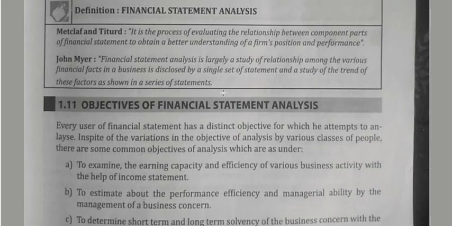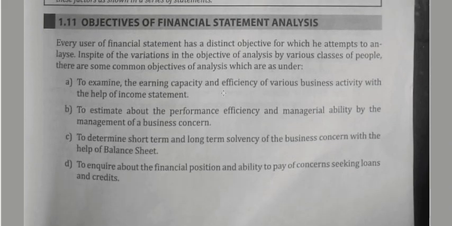So what are the objectives of financial statement analysis? The first one is to examine the earning capacity and efficiency of various business activities with the help of the income statement.